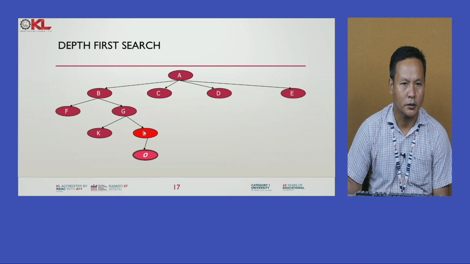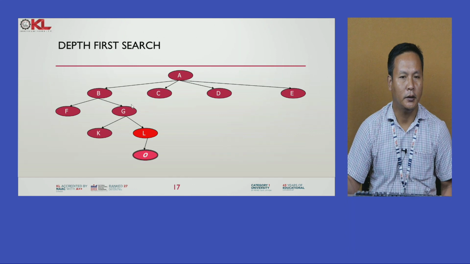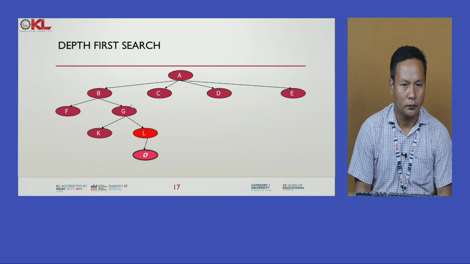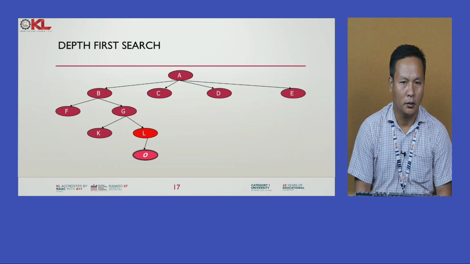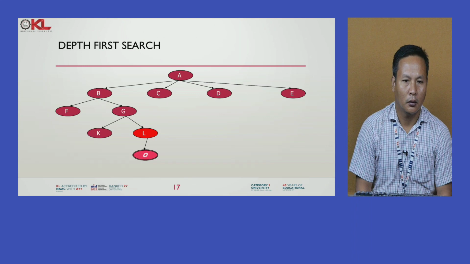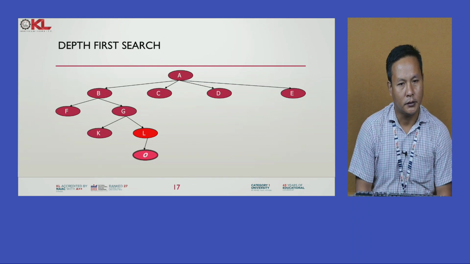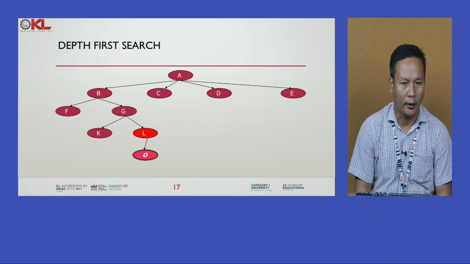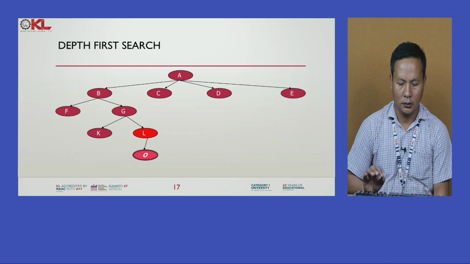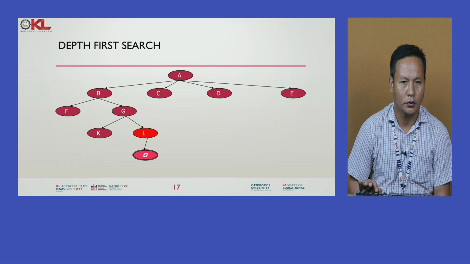Such a search is called depth first search. In this search algorithm, all the variables are represented by nodes. The condition is that the node we find must be the character L. After this example, let us move to the next slide.